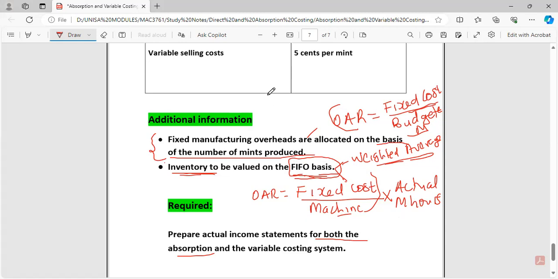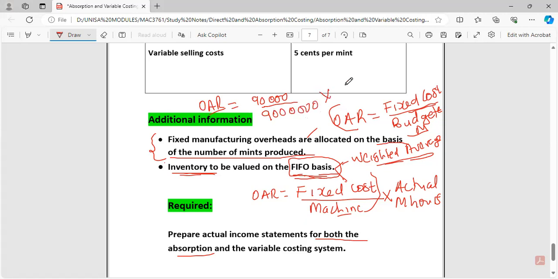So the allocation basis is going to be fixed cost. In our case, we say 900,000 budgeted. Remember, when you are calculating the overhead absorption rate, you use budgeted figures. You don't use actual figures to calculate the overhead absorption rate. So these are the budgeted overheads over budgeted manufacturing units.